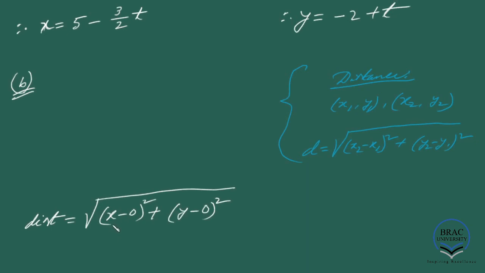Now, what is Rupam's x coordinate? This gives you x squared, and this gives you y squared. So Rupam's x coordinate is this, and Rupam's y coordinate is this.